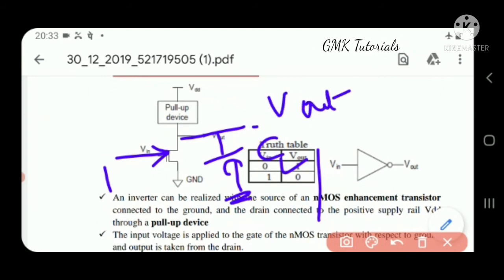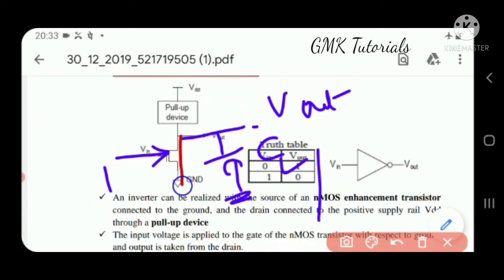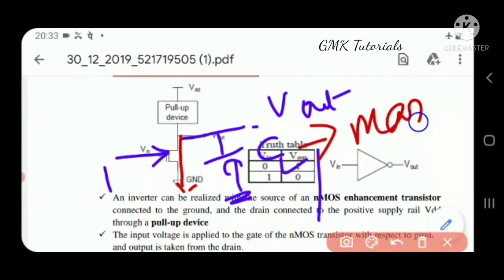So whenever logic 1 or a high value is applied to the NMOS transistor, it is in the on condition, therefore it acts as a short circuit. Previously, the capacitor CL was charged to the maximum value. This maximum value is also equal to the output voltage, the voltage stored in the capacitor.